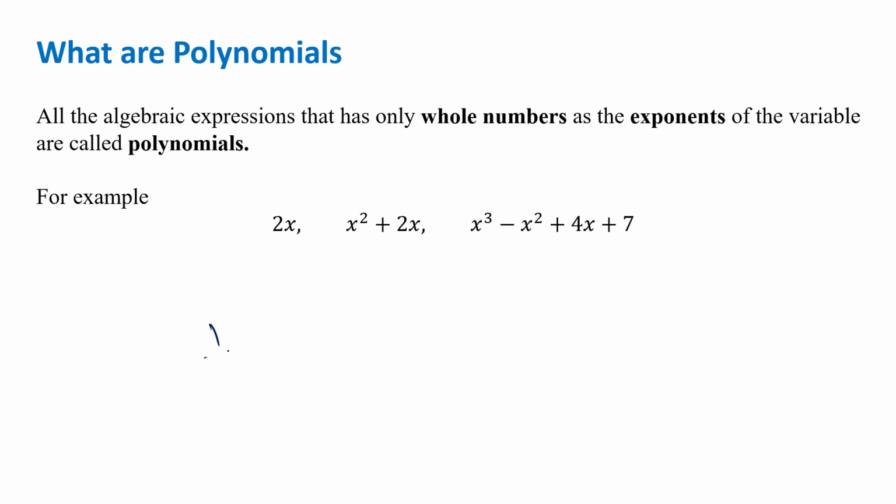If something is written as 1 upon x, it means x raised to power minus 1, and minus 1 is not a whole number, therefore it will not come under polynomial. However, 1 upon x is an algebraic expression, but it is not a polynomial. So you have to focus on the power of the variable, and if this power is a whole number, then it is a polynomial.